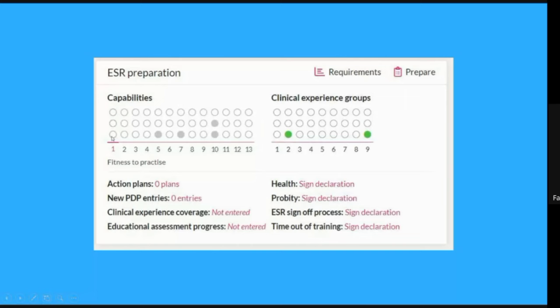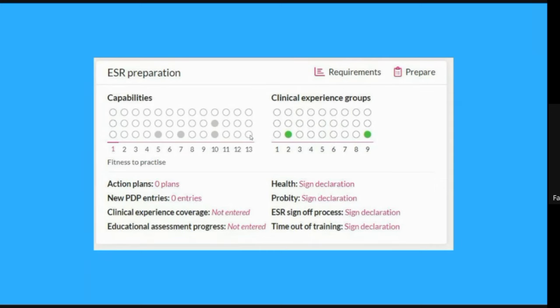So if you've reflected on fitness to practice, which is number 1, you've done maintaining an ethical approach, which is number 2, you've done 3 there, and you have 0 in community orientation, which is 13. So you need to be actively looking for encounters that will increase your entries for community orientation. Does that make sense?